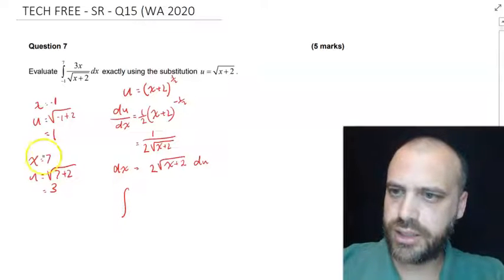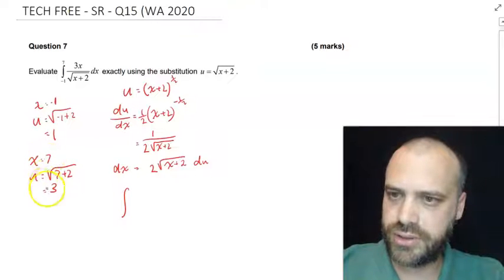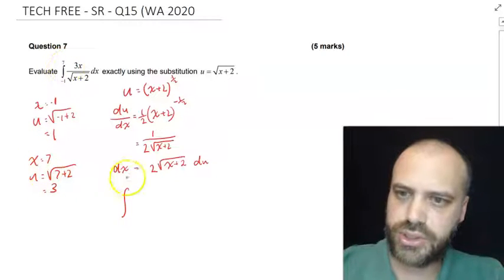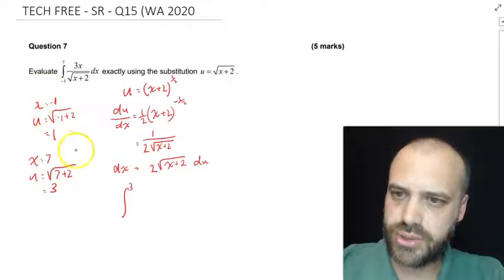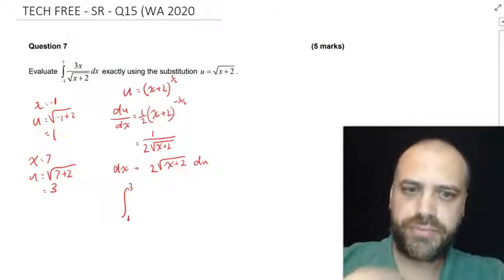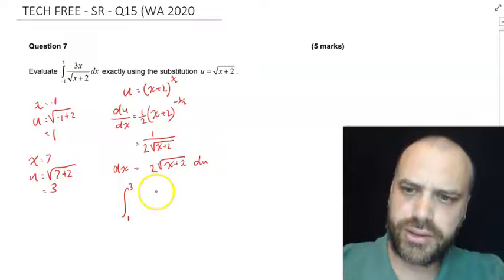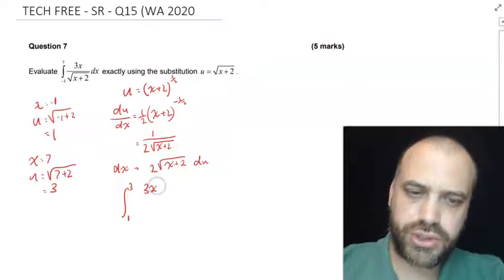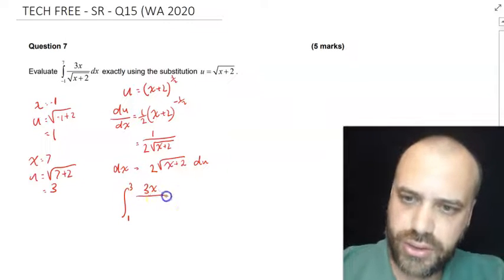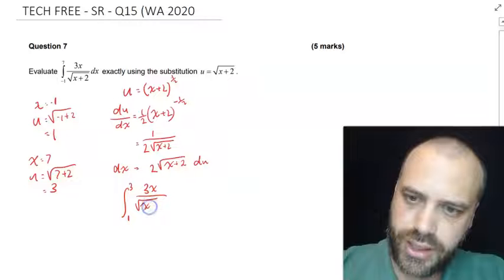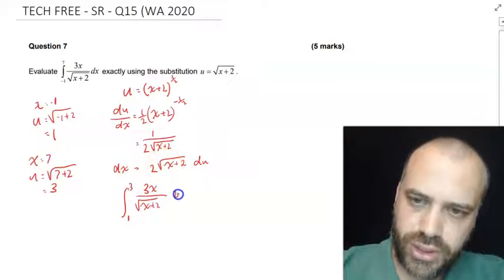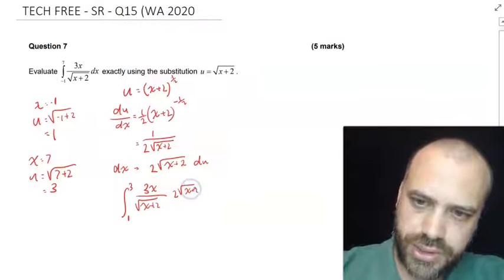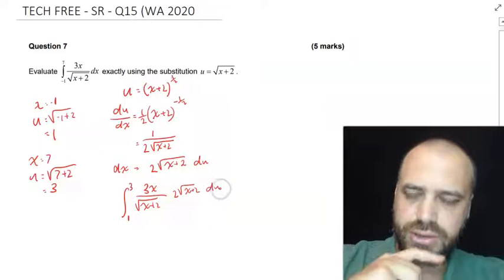So I'm going to write in, when x was 7, u is equal to 3. So substituting 3 in for that. When x is -1, u is 1, so I can put that one in there. And I'm going to write the whole thing out without the u substitution for a second. So 3x over root x plus 2, and then instead of the dx, we have this times 2 root x plus 2 du.